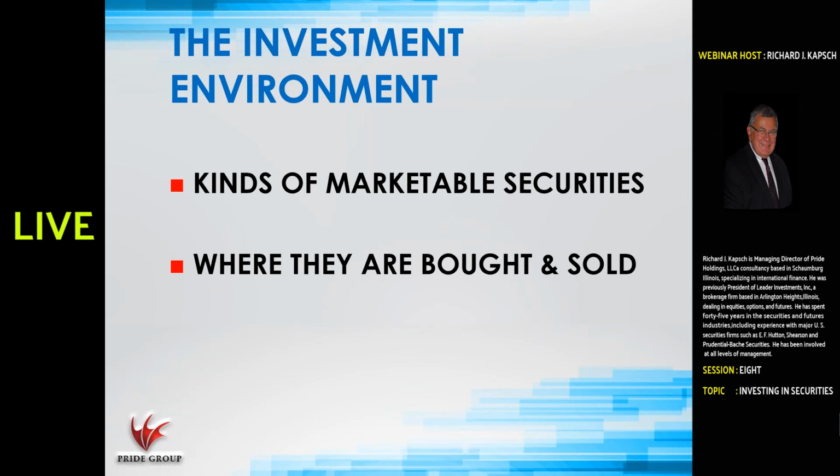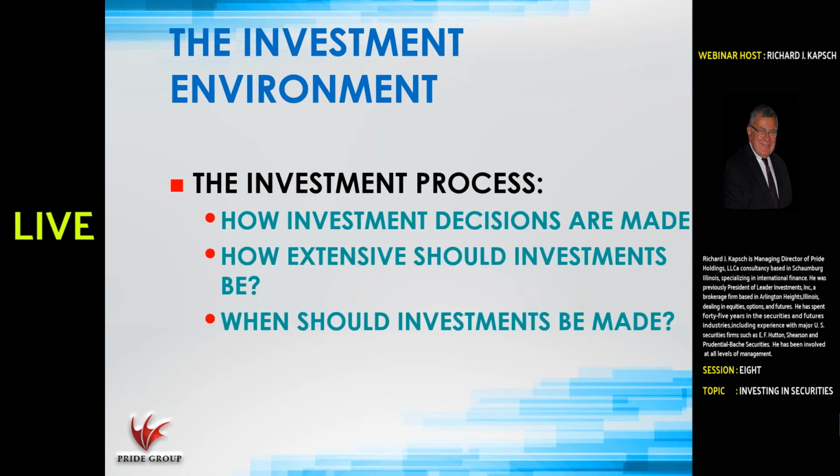And then there's a second component to the investment environment, and that's what we call the investment process. That's understanding how investment decisions are made, how extensive those investments should be, and finally the timing of them. When should they be made? Today or sometime in the future? So we're going to look at these things in a little more detail.